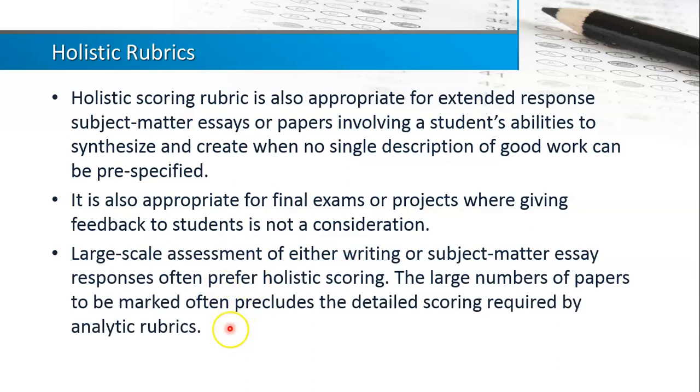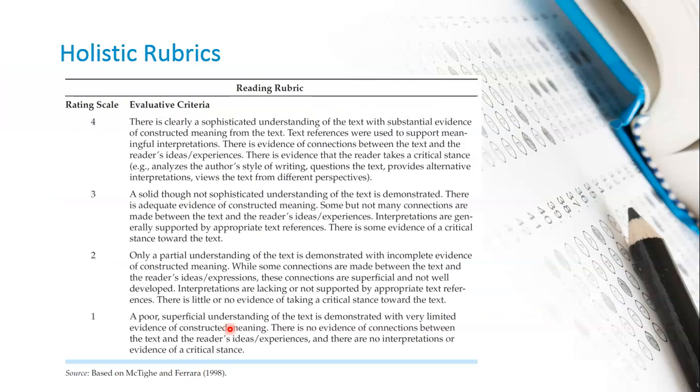If the assessment is large scale, whether writing or subject matter essays, it is preferable to use holistic scoring because it is much easier than the other one, analytic rubrics. Usually this is used for summative assessment or evaluation.